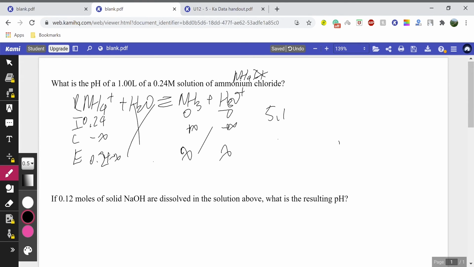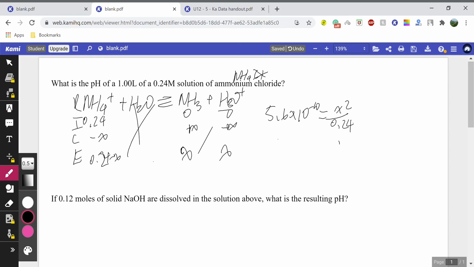So 5.6 times 10 to the negative 10th power is equal to x squared divided by 0.24. Now we can remove this minus x because of how small our K is.